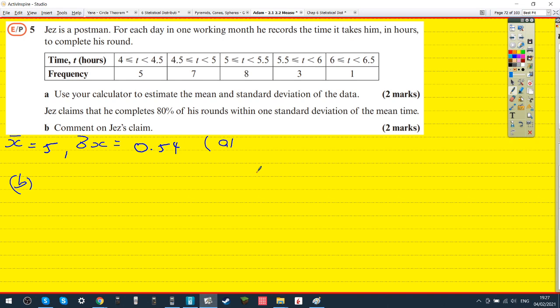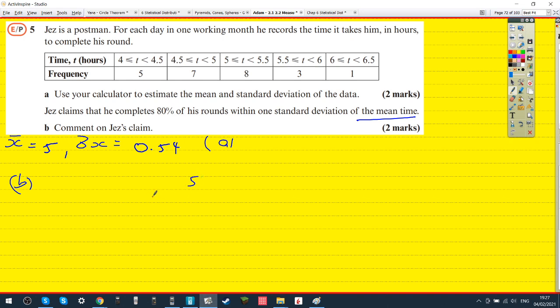So he's saying that he completed it within 1 standard deviation of the mean. So would you do 5 minus 0.54?